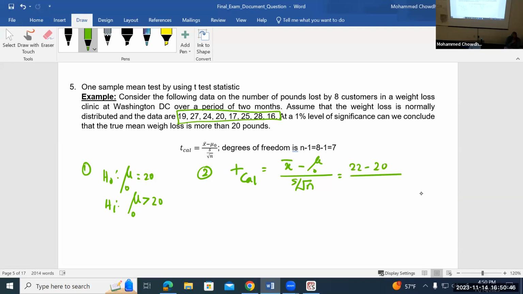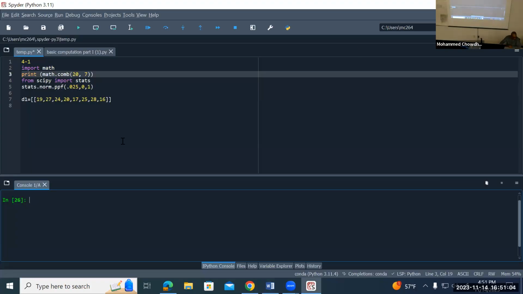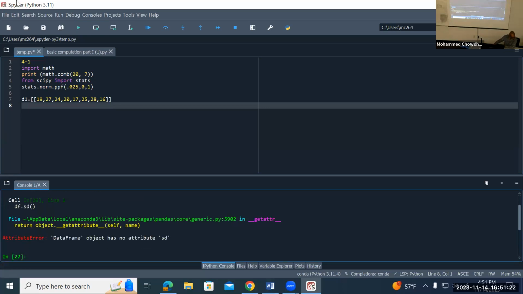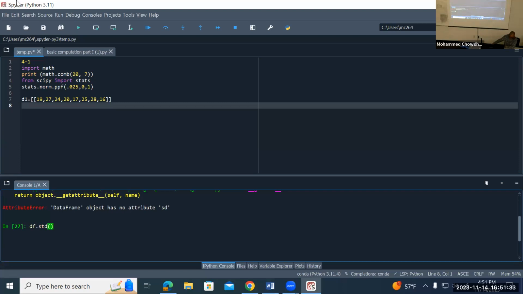And S equal to what? 4.59, divided by square root of n.